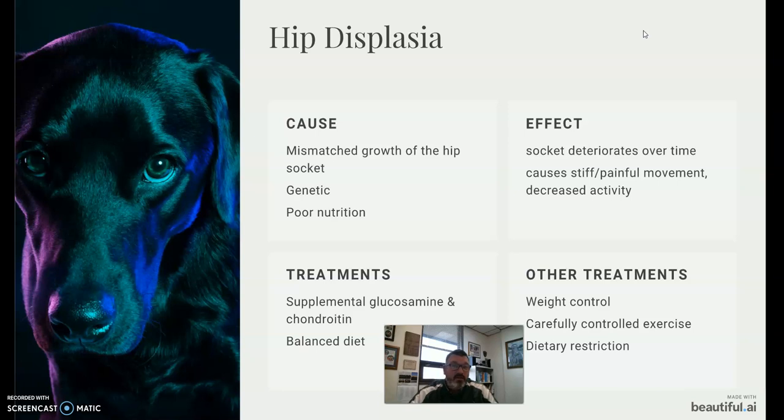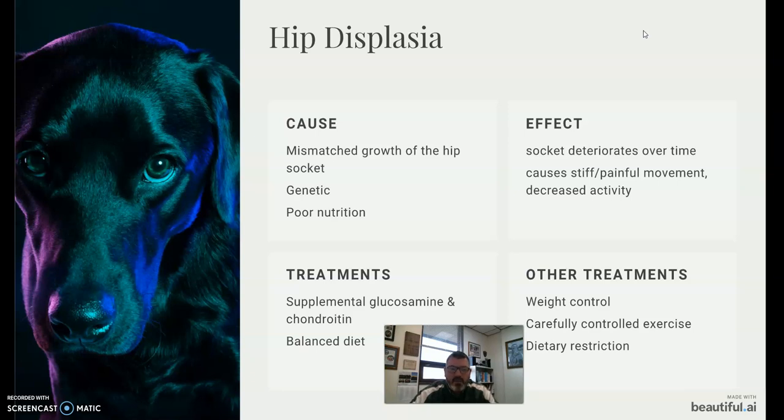They'll sit on one side or the other. Their movement may be affected. They may hop along, favoring one side over the other. They may rise in an awkward fashion. Instead of rising straight up, they may rise on one side or the other, or have to shift to one side to rise. So hip dysplasia is very problematic in certain breeds and certain dogs.